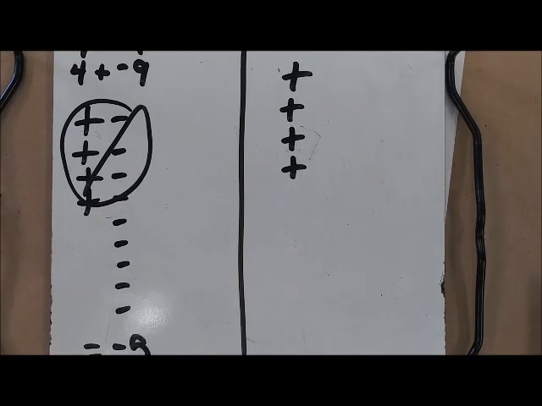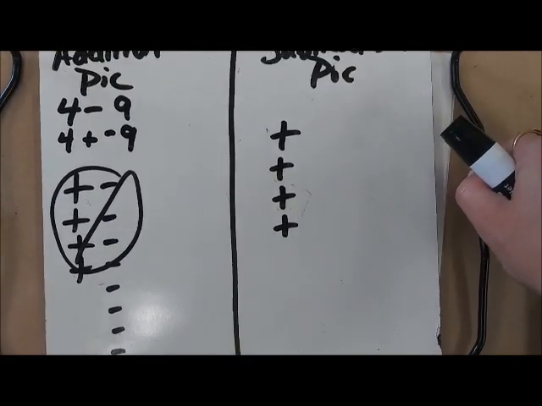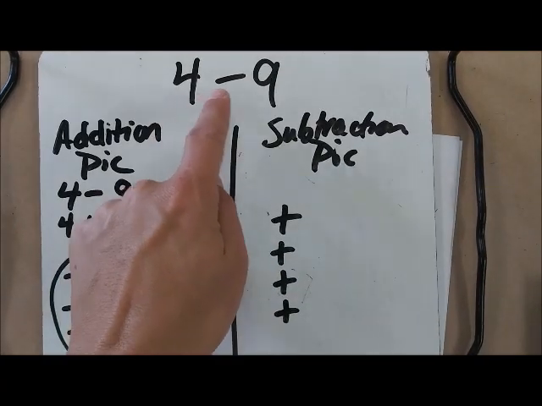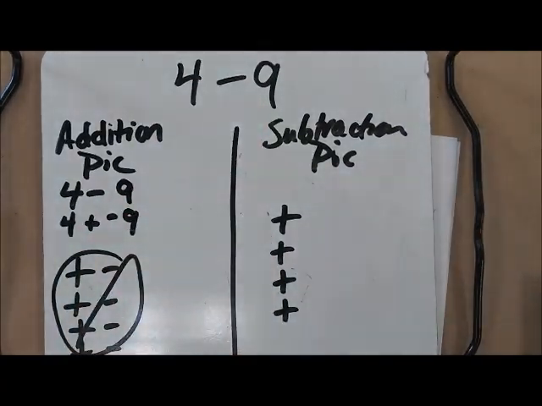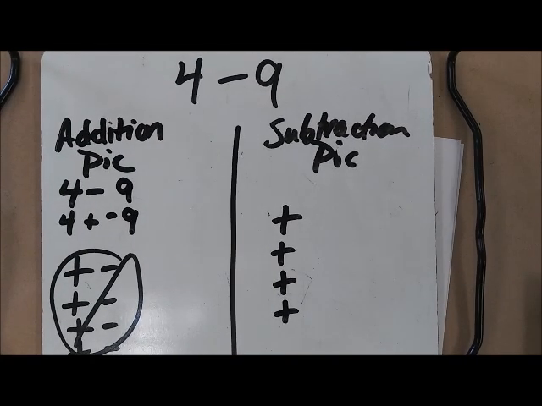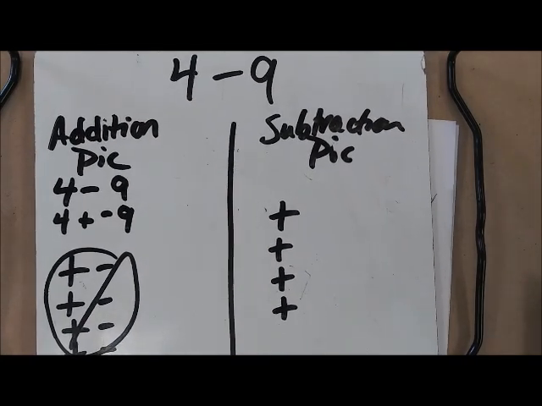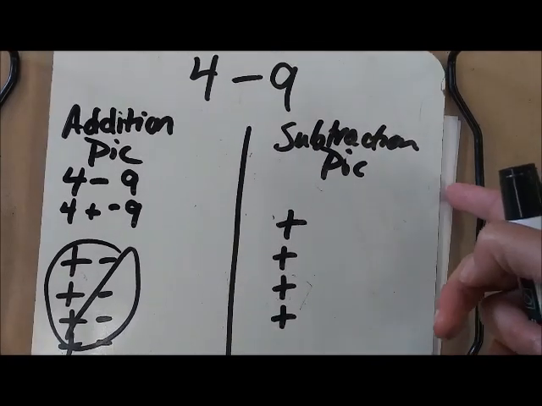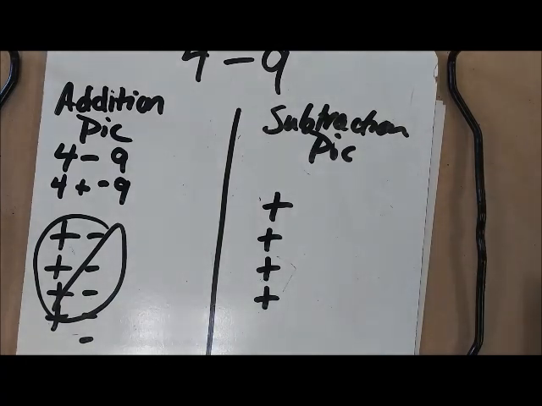Now I want to show you what it would look like if I did subtraction. So it says I have 4 positives, take away 9 positives. Well, I can't take away something I don't have. So I'm going to use another property. We've been going over properties, and they're in your mega notes if you need to look back at them.